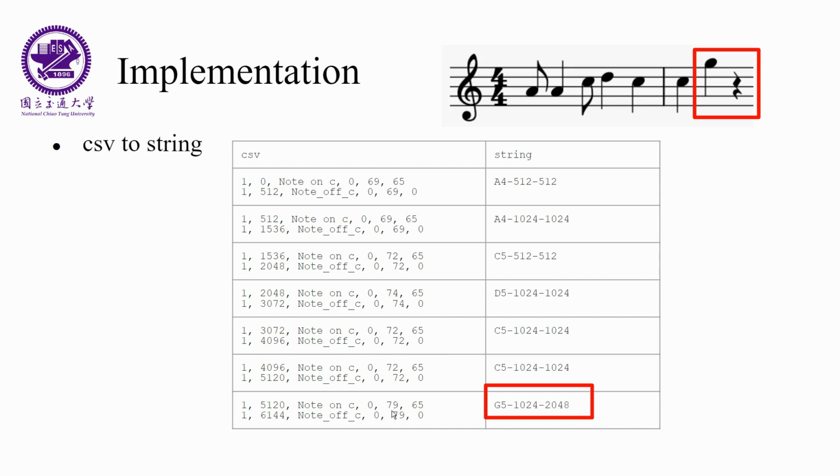And the number 1024 means that's the duration of the note, which can be calculated by subtracting 5120 from 6144, so we get 1024.